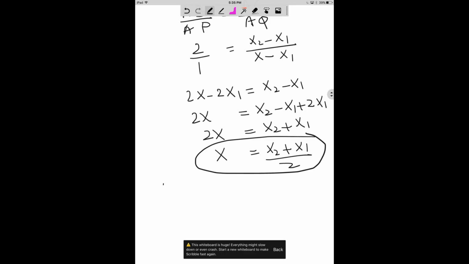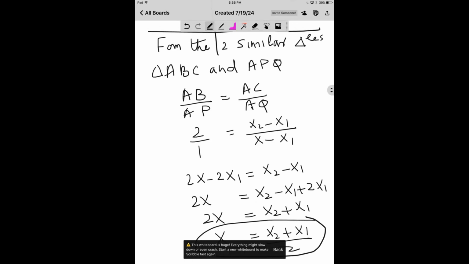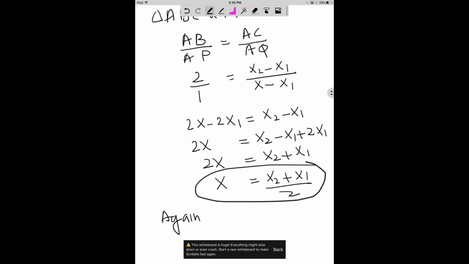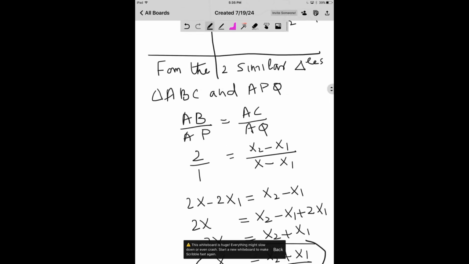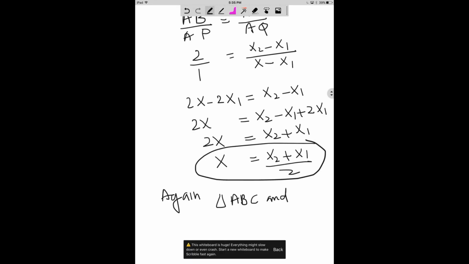Similarly, we can find out the value of y. Again, from the similar triangles ABC and triangle APQ, the ratio of the corresponding sides are equal.